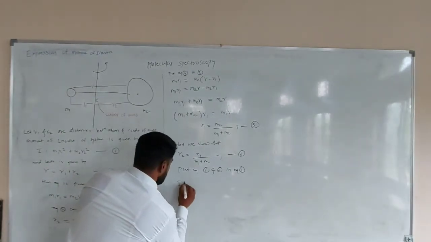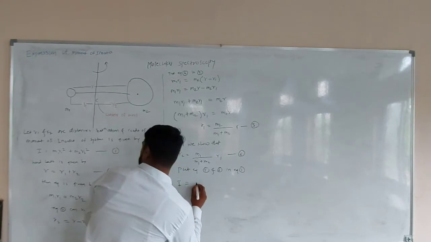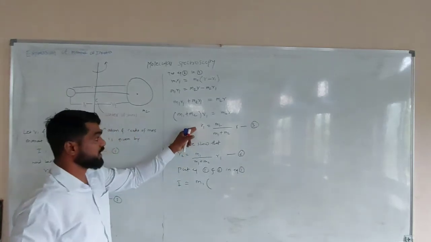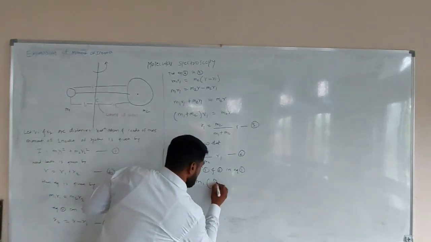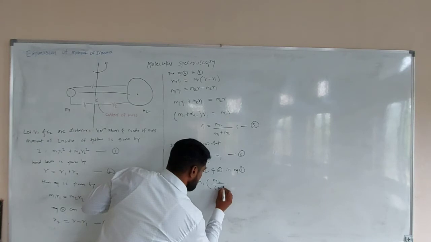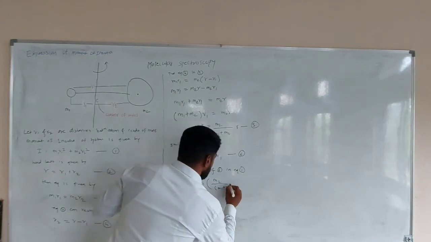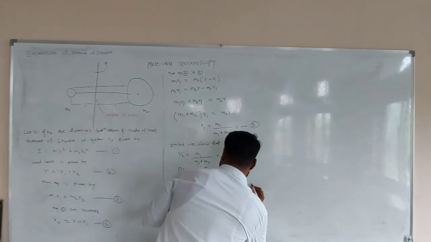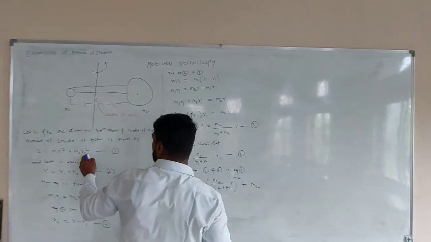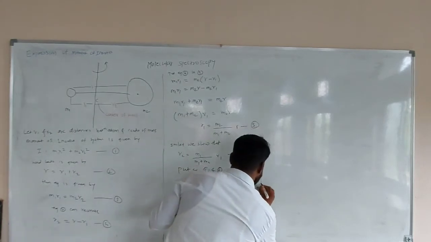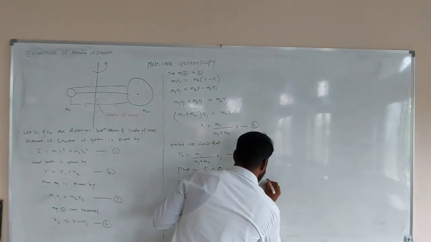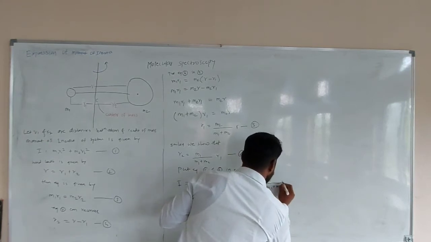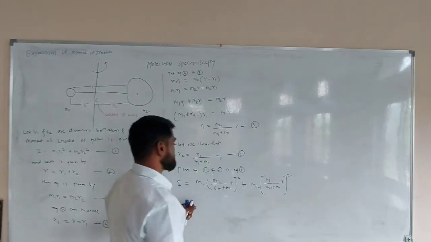That is, I is equal to m1 times (m2 divided by (m1 plus m2) into R) square, plus m2 times (m1 divided by (m1 plus m2) into R) square.